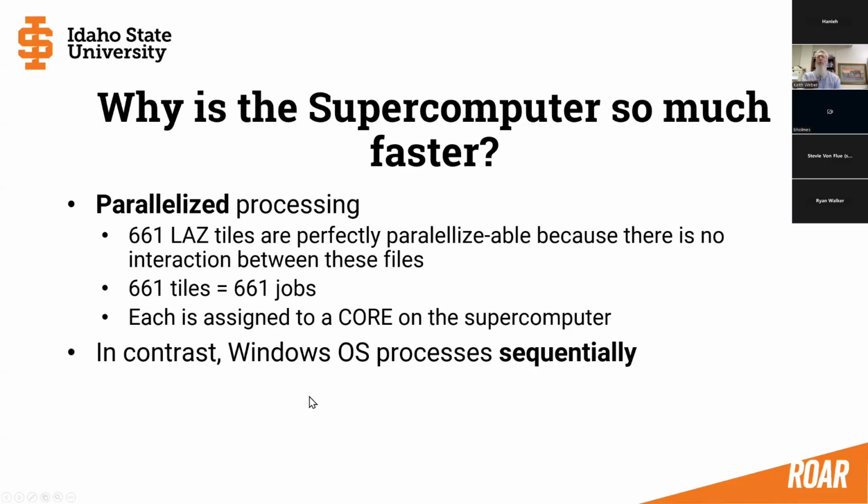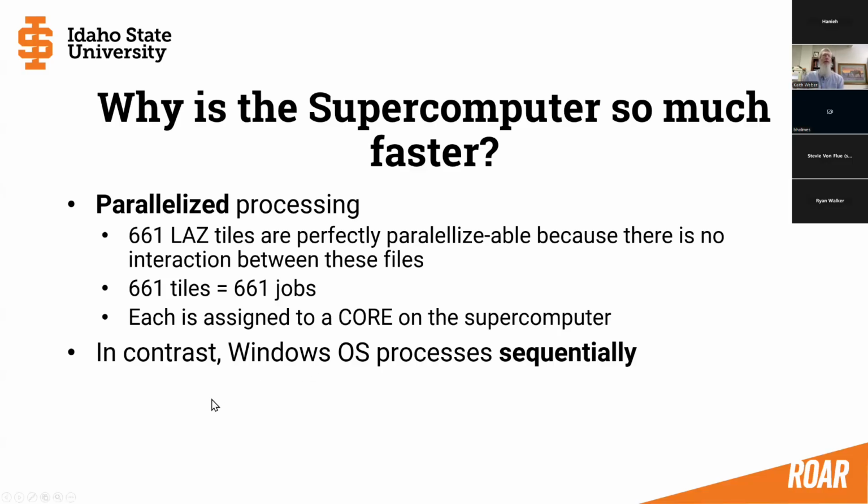And because those supercomputers have lots of cores on them, as in thousands of cores, each of these 661 jobs is simply parsed out to a core on the supercomputer. And in no time at all, the core is finished with its tile and the whole job is done because all the cores are done.